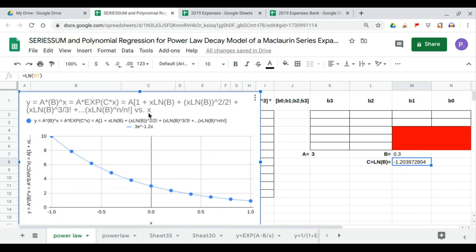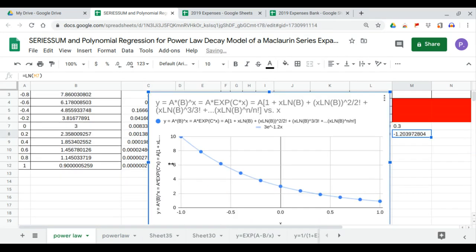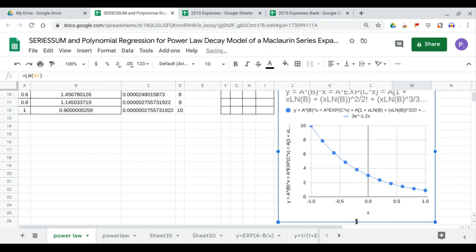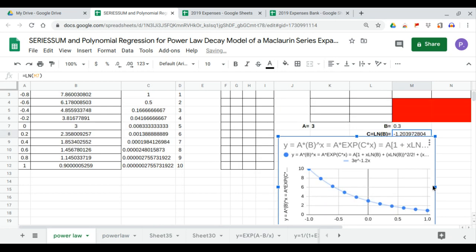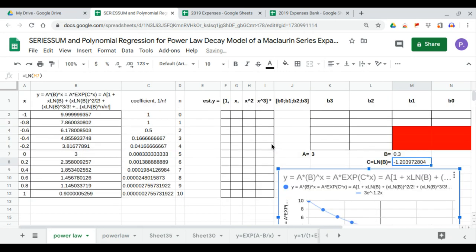We will calculate this. We'll regress this data set using LINEST, the polynomial LINEST form. First, we generate the 1, x matrix, because the estimated y equals this matrix times the coefficients. This matrix is the 1, x matrix, and this is the coefficient which can be generated using LINEST.